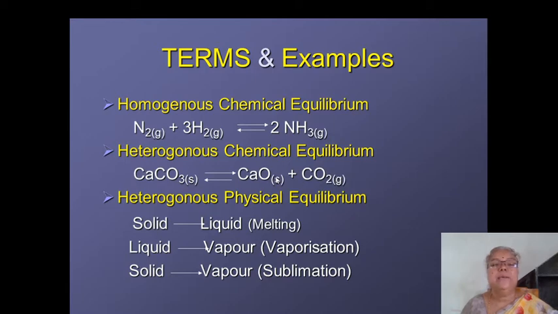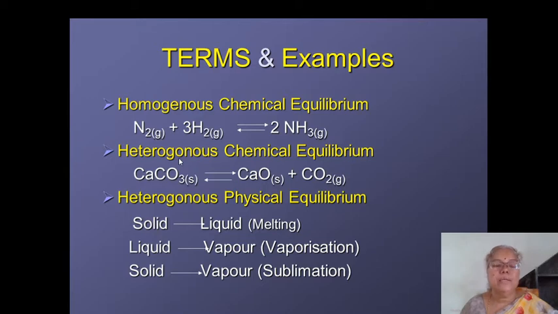As this contains three chemical constituents, two are in a solid state and one is in a gaseous state. Such systems are called heterogeneous systems.